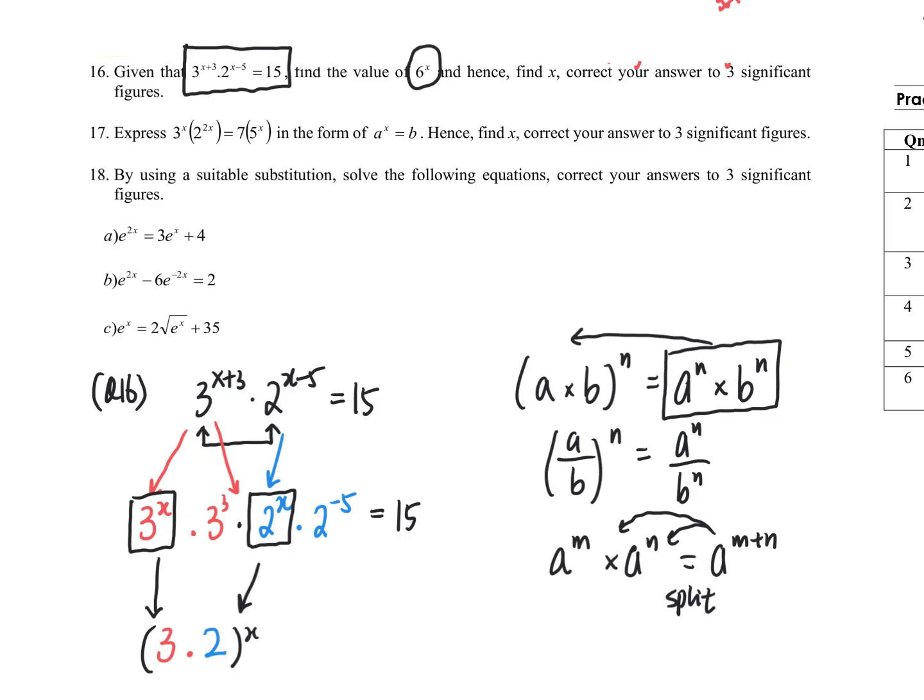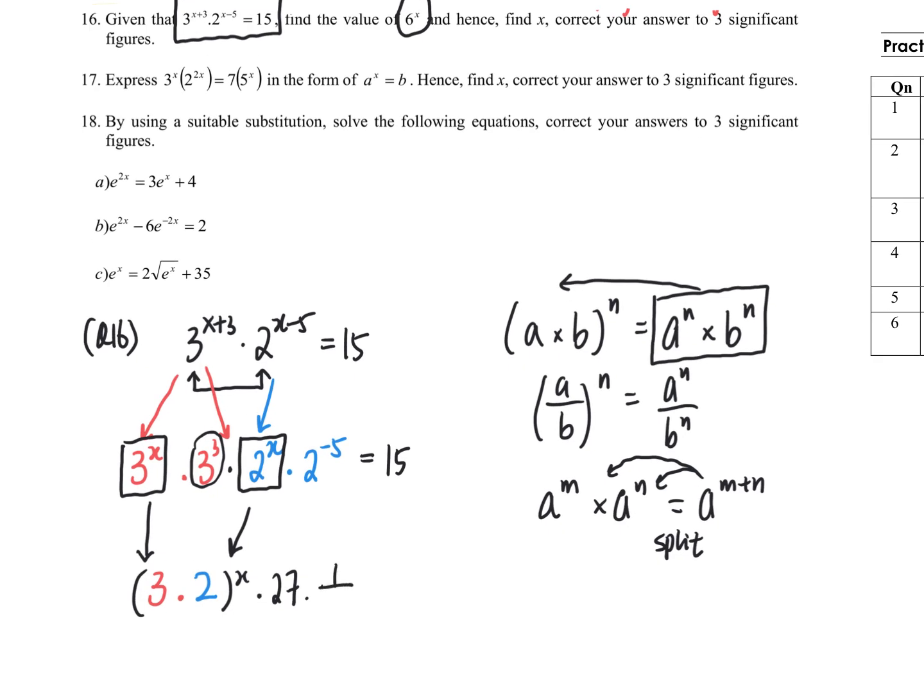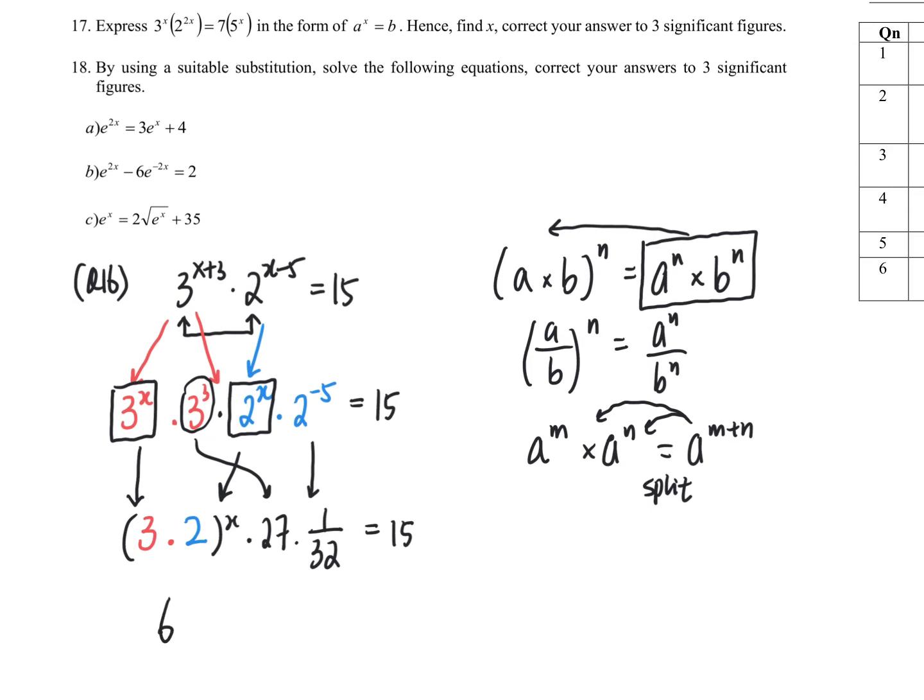Then the rest is just a number. This one no problem. This is 27. This one is 1 over 32, is it? This one is 1 over 32. Okay, so I just rearrange them to the order I want. So this is the 6 to the power of x that I want to find the value. So this is what I want. The rest are just numbers.